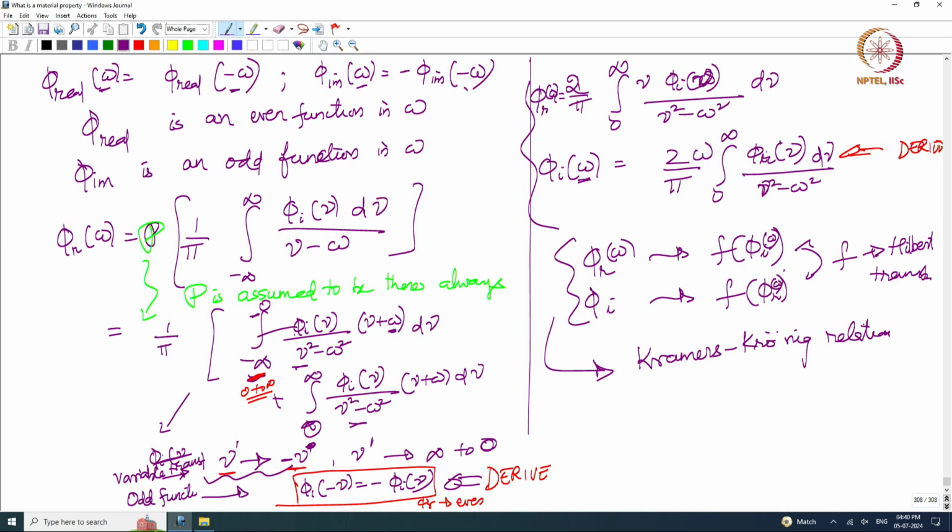These sort of relations are what are called Kramers-Kronig relations. And what does the Kramers-Kronig relation say? I do not consider absorption only at one frequency.